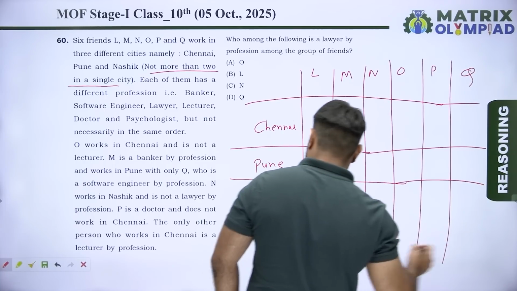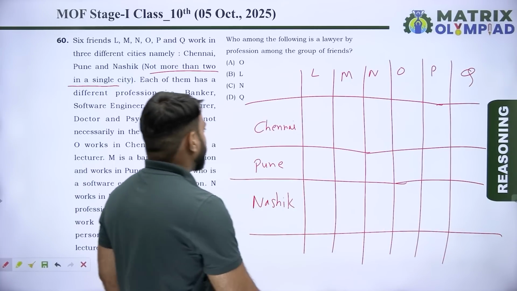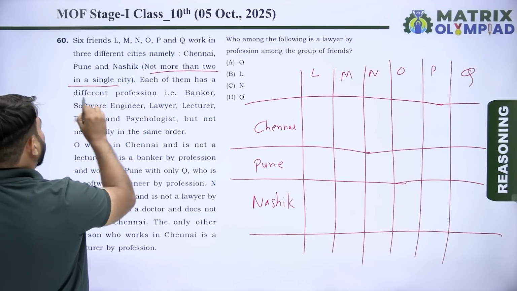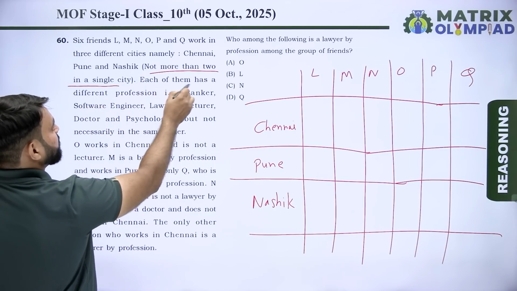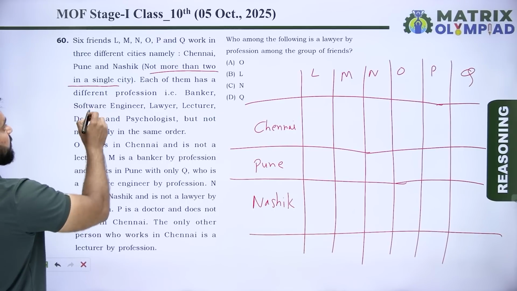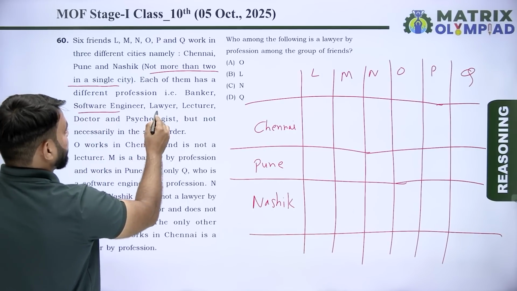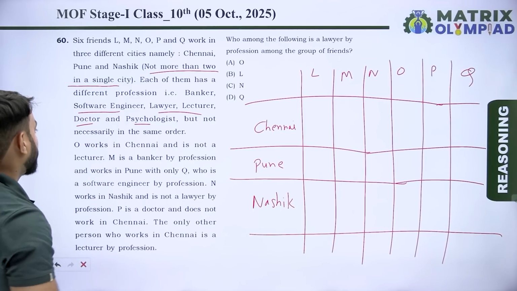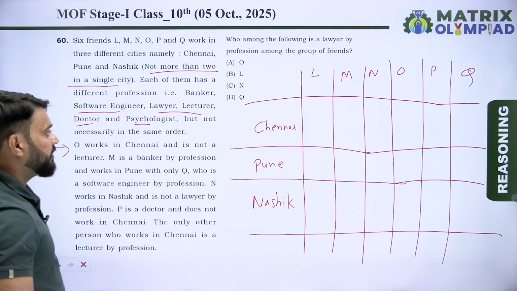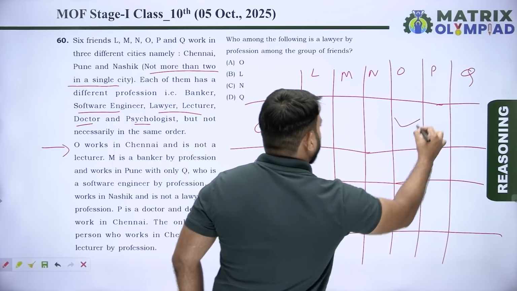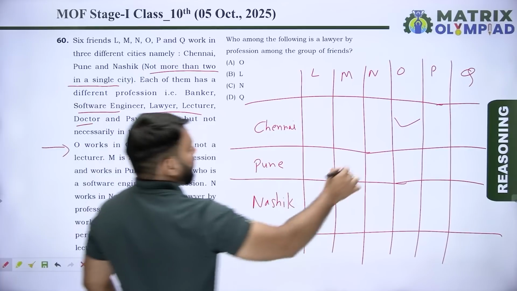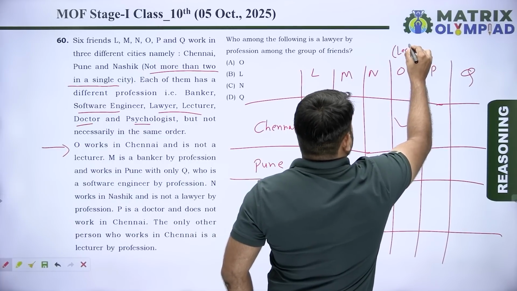Now according to the given information, each of them has a different profession: banker, software engineer, lawyer, lecturer, doctor, psychologist, but not necessarily in the same order. O works in Chennai. O is not a lecturer.